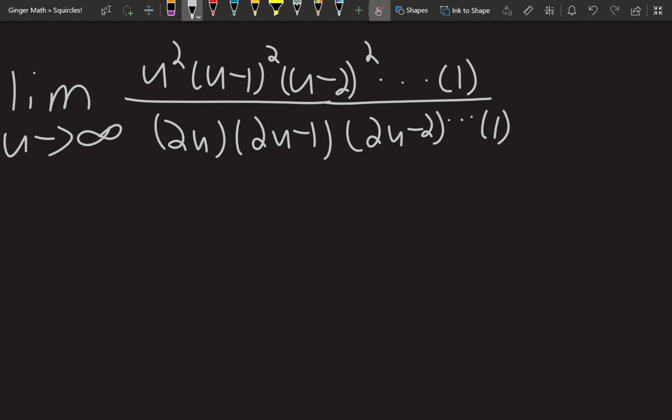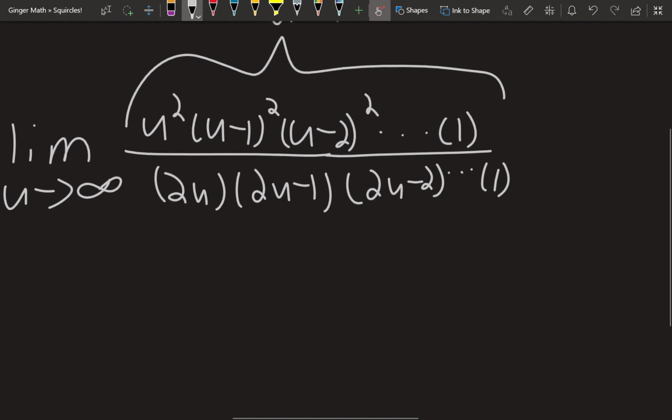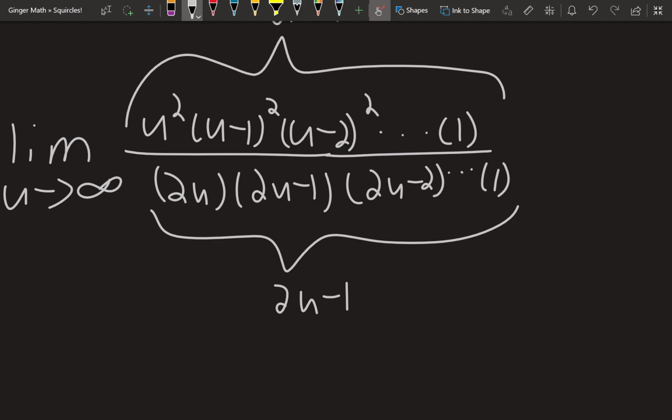On the numerator, we're going to have u minus 1 terms with a u in it, more or less. And on the denominator, we're going to have 2u minus 1 terms. The reason it's both minus 1 is because we have 1s here.